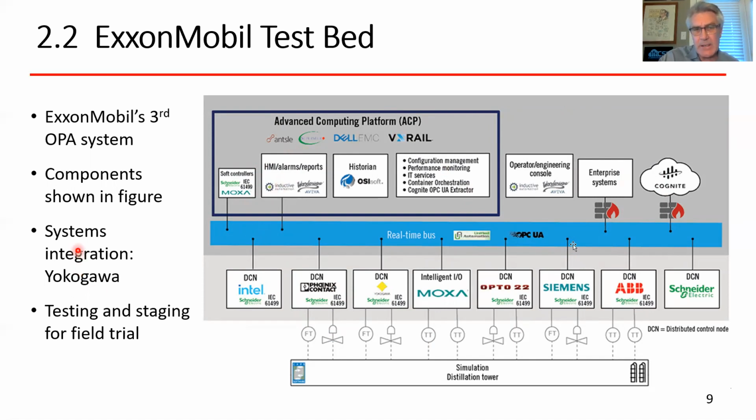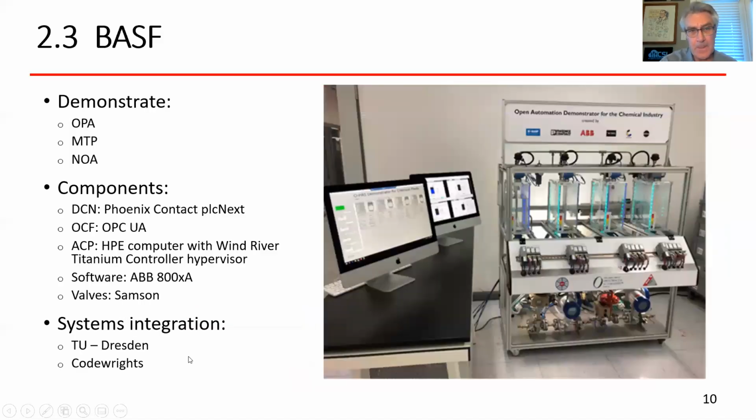The systems integrator for ExxonMobil's testbed work is Yokogawa, and this testbed is the mechanism for testing and staging an instance of a system that will be built for the first field trial in manufacturing service. It really is for ExxonMobil to provide further details there.